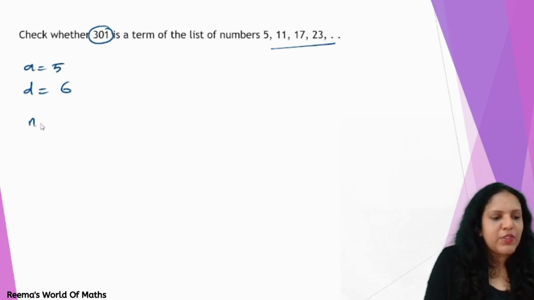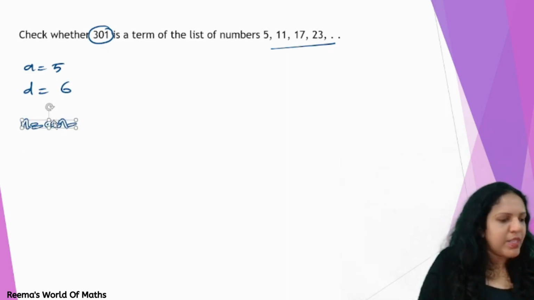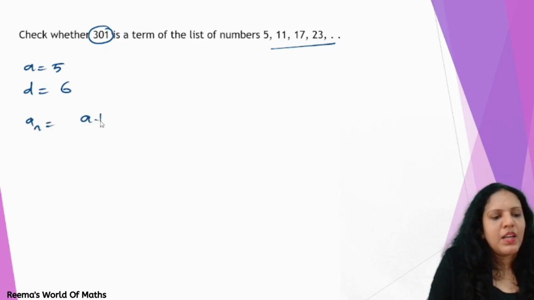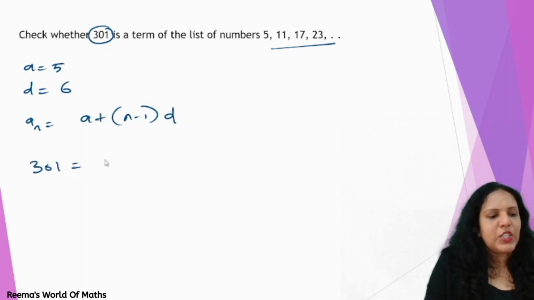The nth term can be written as an equals A plus n minus 1 into D. So an equals 301, which is equal to 5 plus n minus 1 into 6.